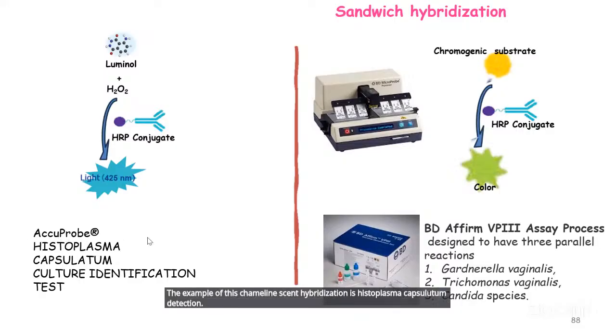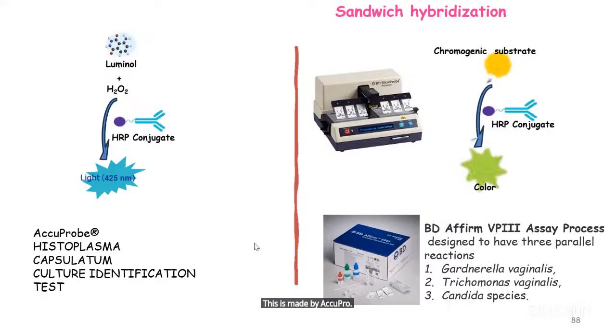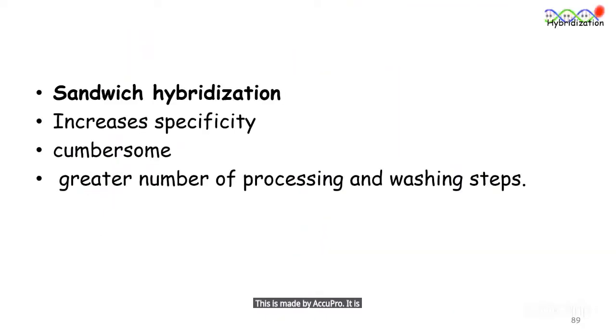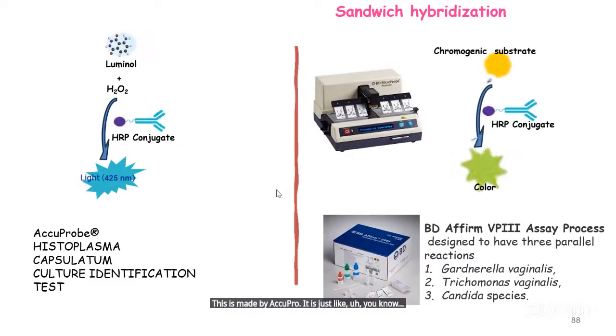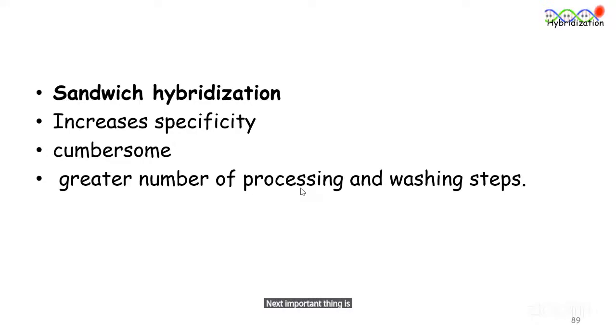This is made by AccuProbe. It is just like how we do it in immunological testing. It can be colorimetric or chemiluminescence, fluorescent, or radioimmunoassay, although we do not use radioactive substances nowadays.